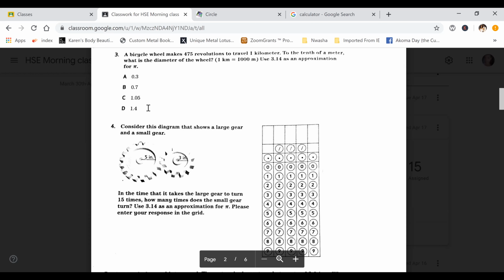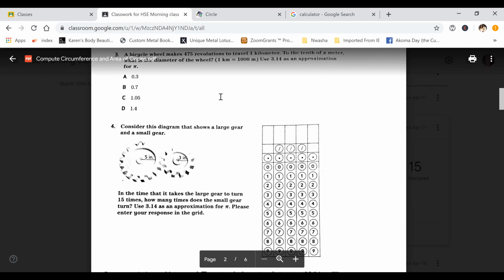Radius. So they've got the 475 revolutions to travel 1 kilometer. They're asking you to answer the question in meters. So that's why they're telling you that 1 kilometer equals 1,000 meters.